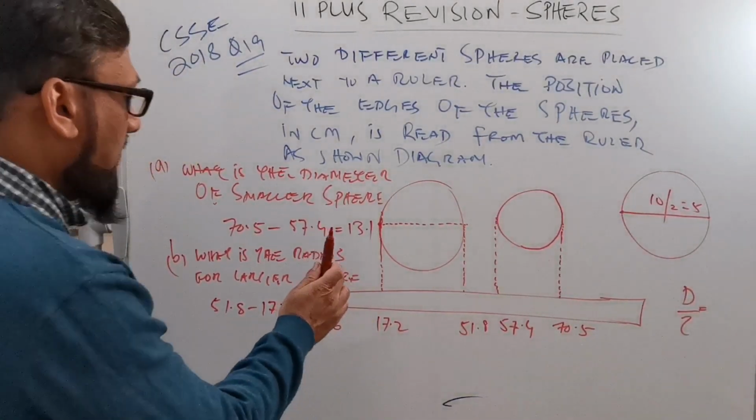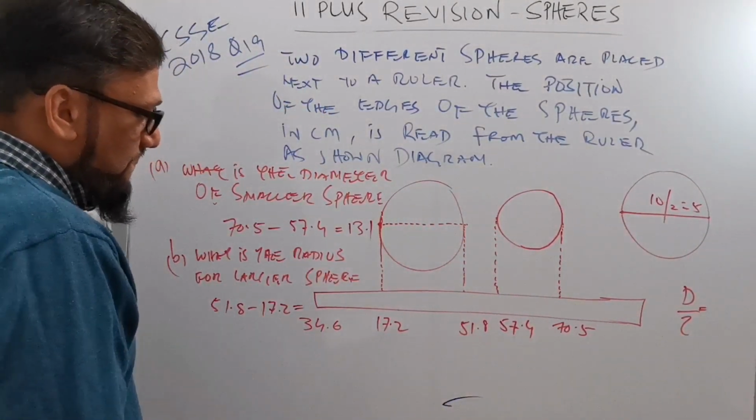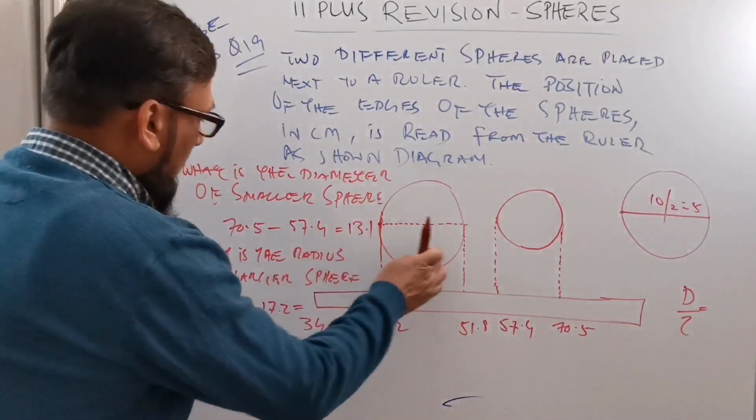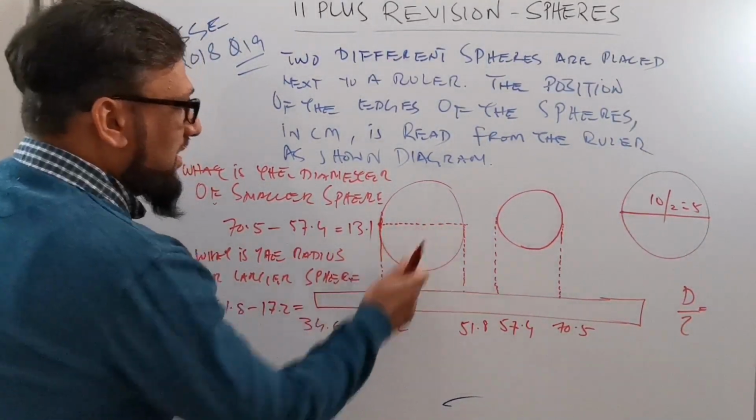So the diameter of the larger sphere is 34.6.